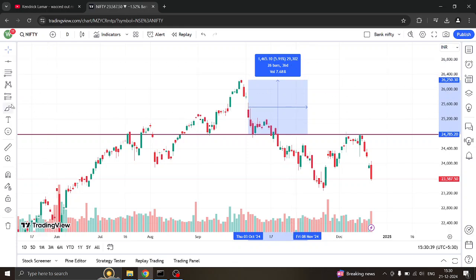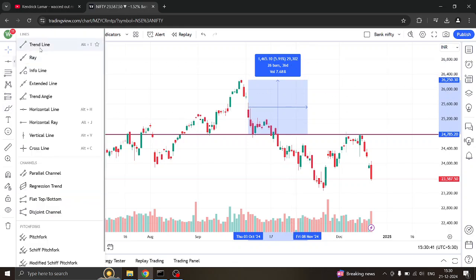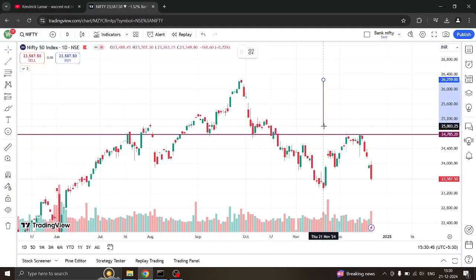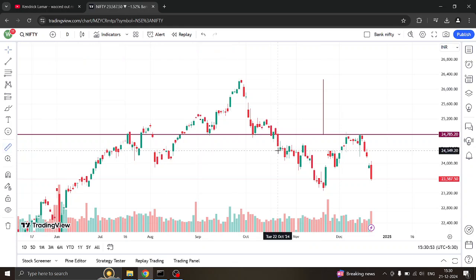Let me draw a line here. 1465. As you can see, yes. So this is 1465. Okay, let's see how much Nifty fell after breaking this neckline.